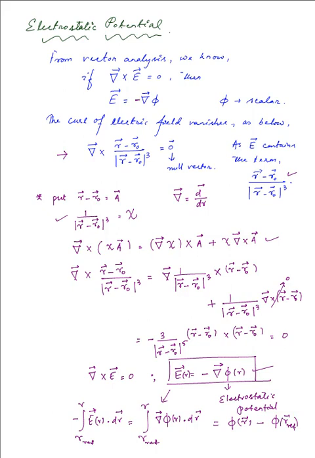Now, we usually consider a very large distance from a given charge distribution to have no impact, to not be affected by the electric field of the distant charge. So if we take the reference point to be at infinity, then the electric field and also the potential will not exist there.